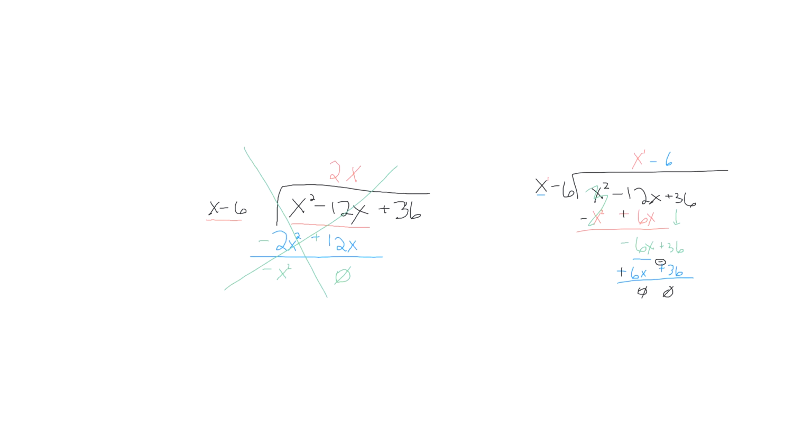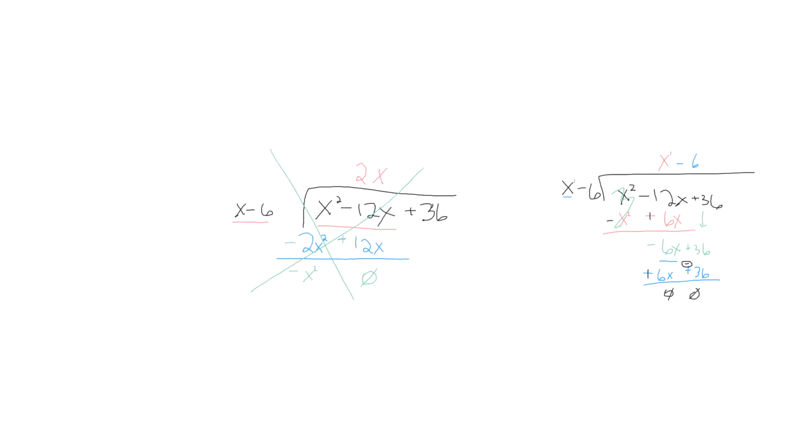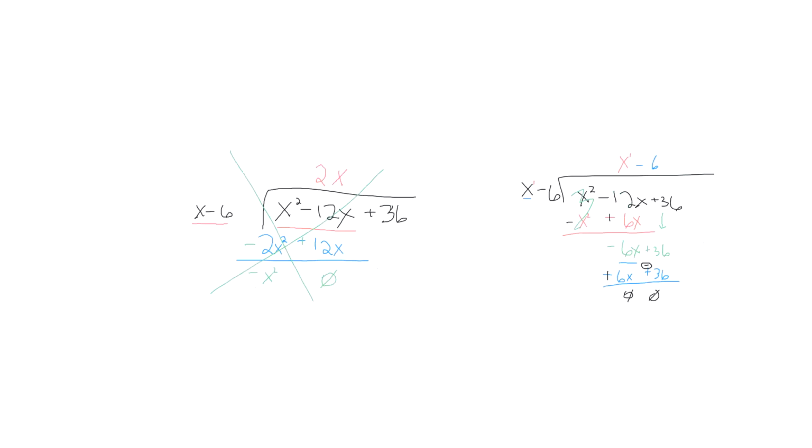Which means my answer to this divided into this is x minus 6. So x minus 6 times x minus 6 gives me this x squared minus 12x plus 36. So this is my answer.